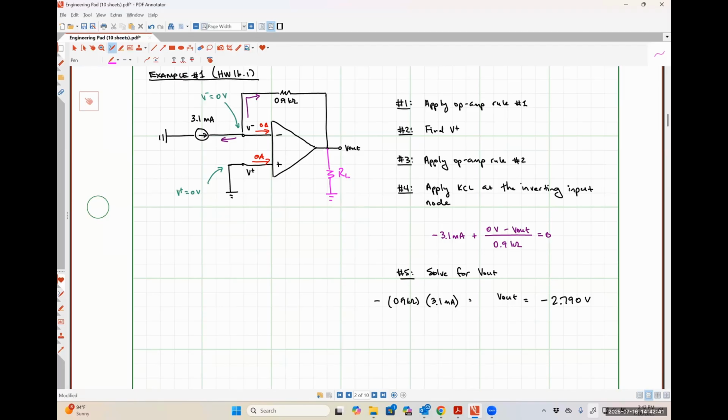So from an analysis side of things, RL doesn't matter. From a practical implementation side of things, RL can be rather important. What if I had put a resistor here? I'm going to call this guy R plus. Would that have impacted anything?